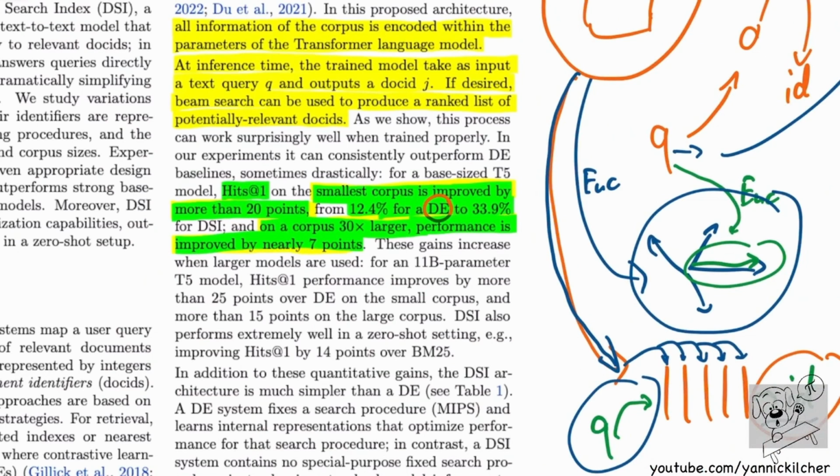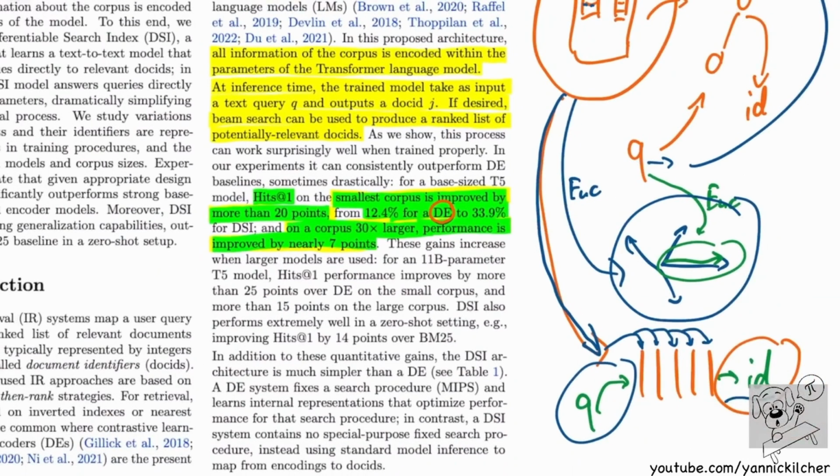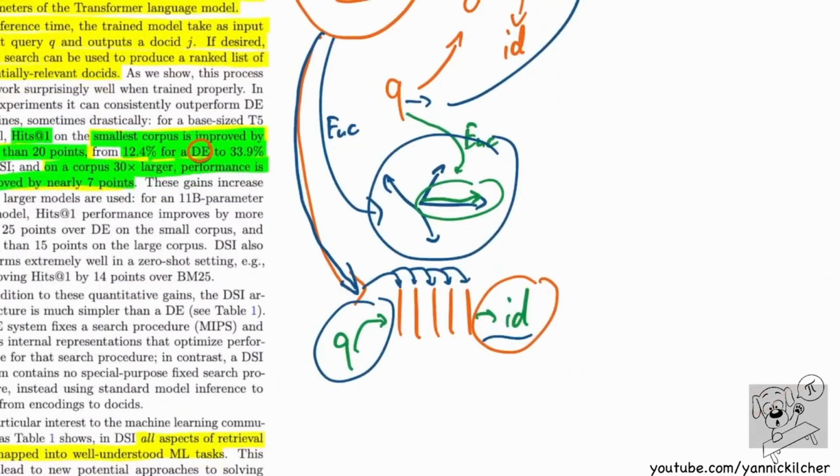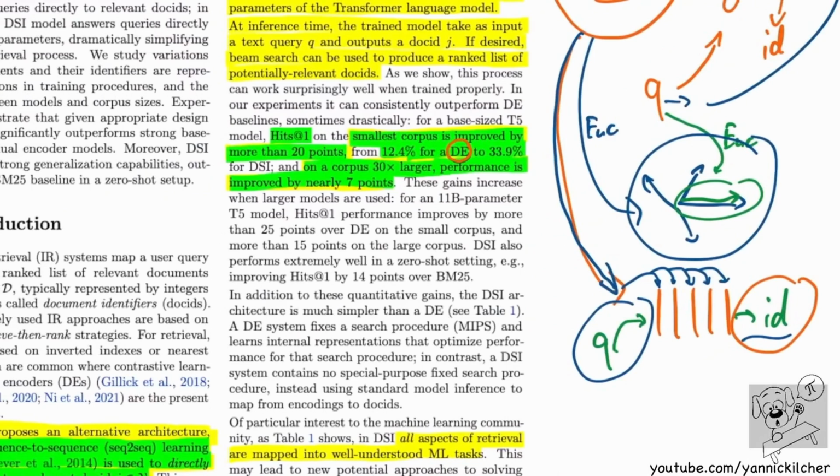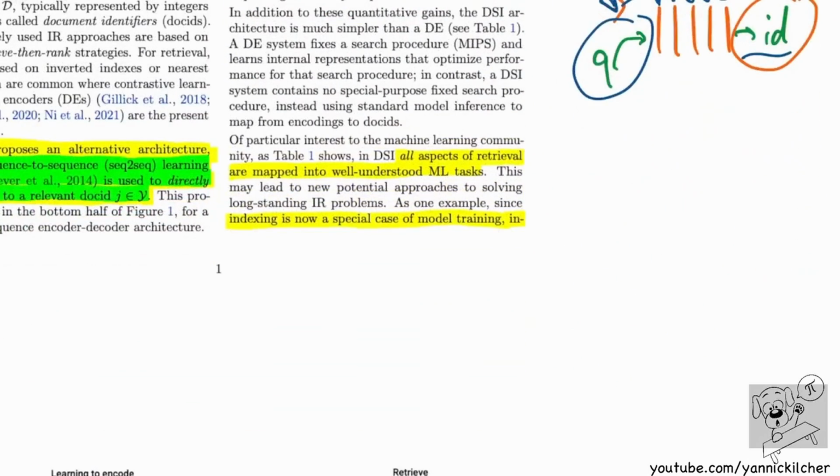On larger data sets, the method doesn't do that much better than a bi-encoder or dual encoder type setup, which is understandable, right? Because the smaller the data, the easier it is to absorb it all into your weights. If the data gets larger, that obviously gets harder and harder. There's more data to go around, which means there's more room for error, for confusion, and so on. And a classic search engine or a dual encoder is going to have an easier time in that case.